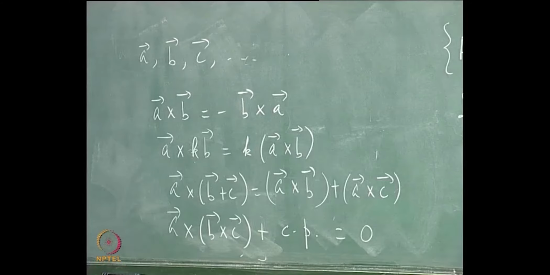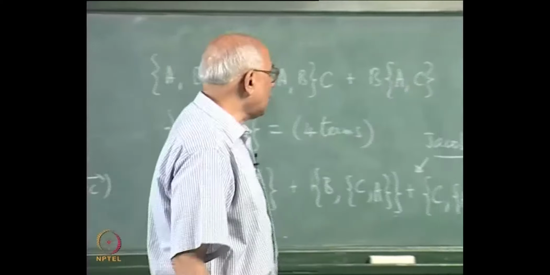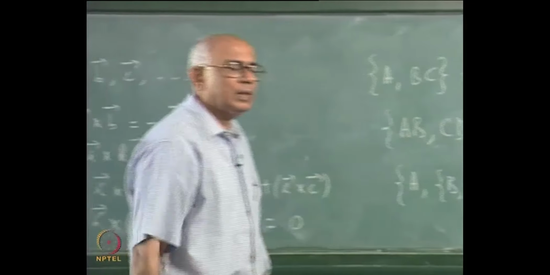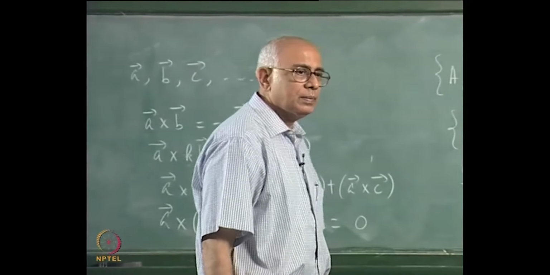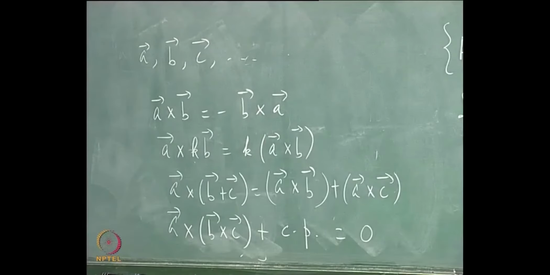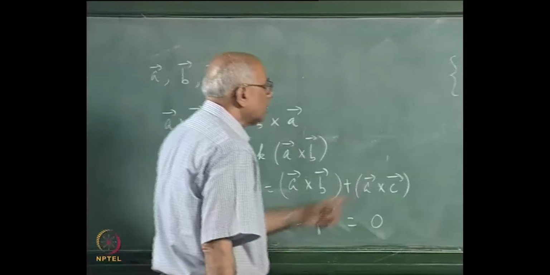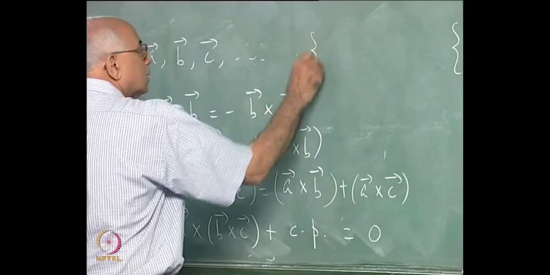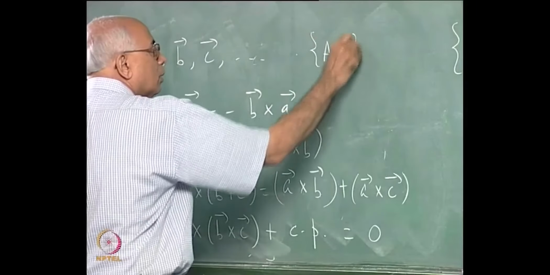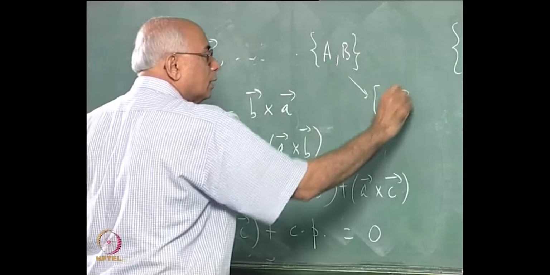Anything else? Can you think of any other structure which does exactly the same, any other class of objects which have similar properties? Suppose A, B, C, etc. were square matrices, n by n matrices of some given order, and instead of the Poisson bracket, instead of A comma B as the Poisson bracket, I replaced it by the commutator of the 2 matrices.